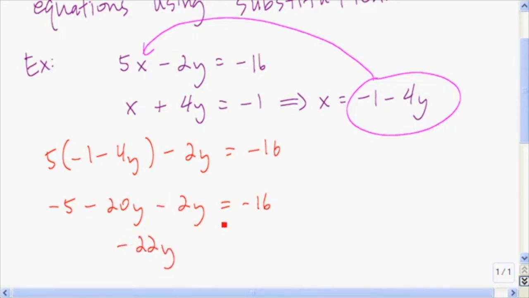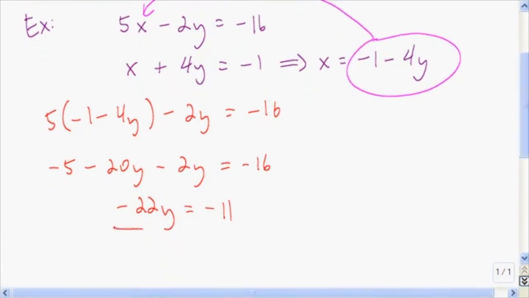We combine these two terms, and then I'll take that 5 and add it to the right side. So that will give us -16 plus 5, or -11. Now we simply isolate y by dividing both sides by -22. And so we get that y is equal to 1/2.